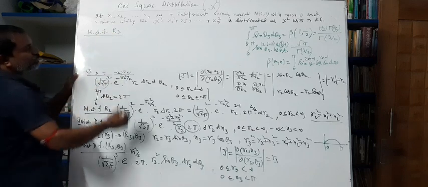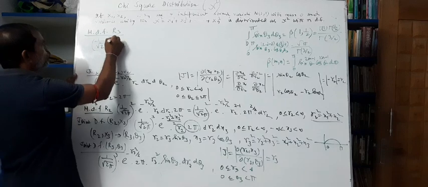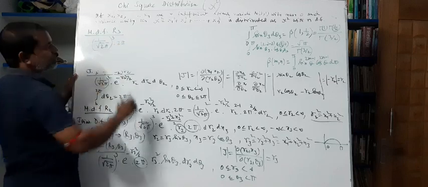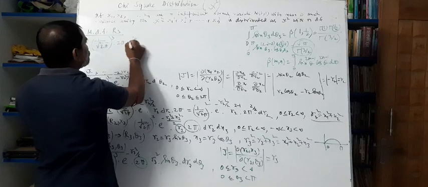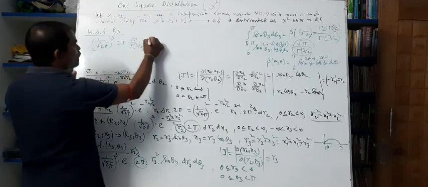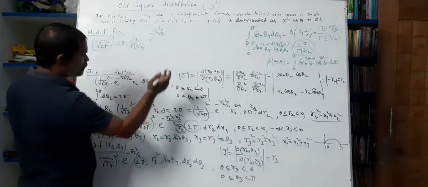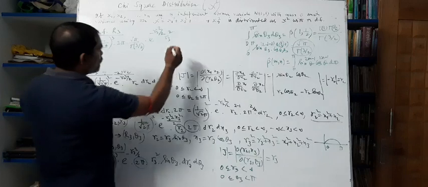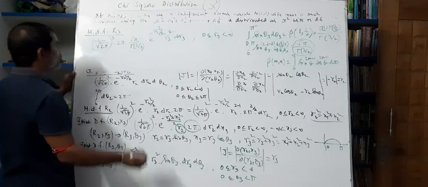So the marginal distribution function of R3 can be written as 1 by root over 2 pi whole cube into 2 pi, and we get from here root over pi divided by gamma of 3 by 2, and e to the power minus R3 square by 2, and R3 square dR3, with 0 less or equal to R3 less than infinity.